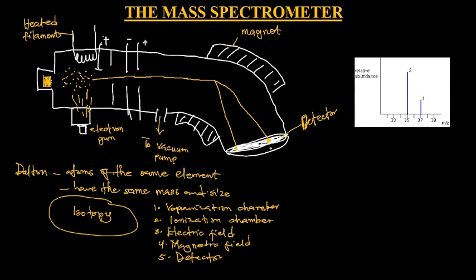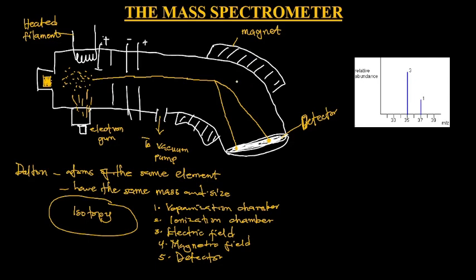So this is a part of the ions that are being generated from the ionization chamber, which we are expecting to move in a straight line. But once it enters the magnetic field, it gets deflected depending on the mass to charge ratio. The heavier it is, the more difficult it is to be deflected using the magnet.